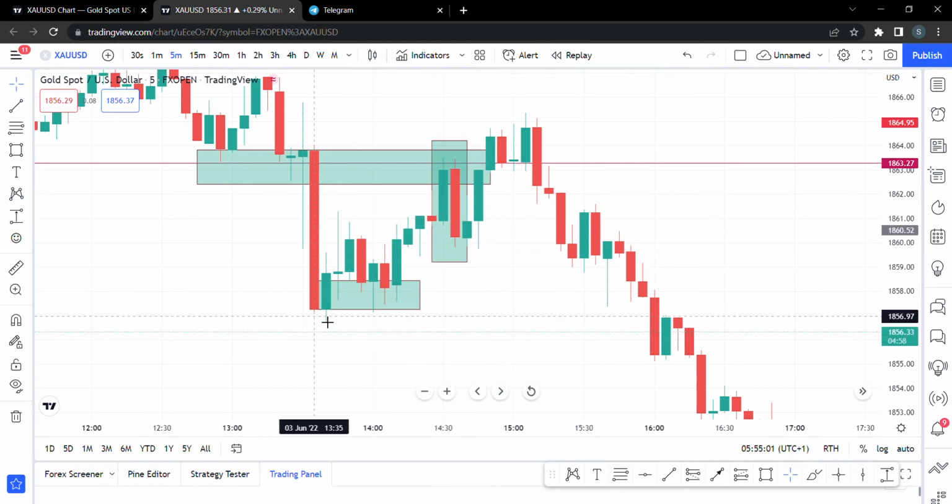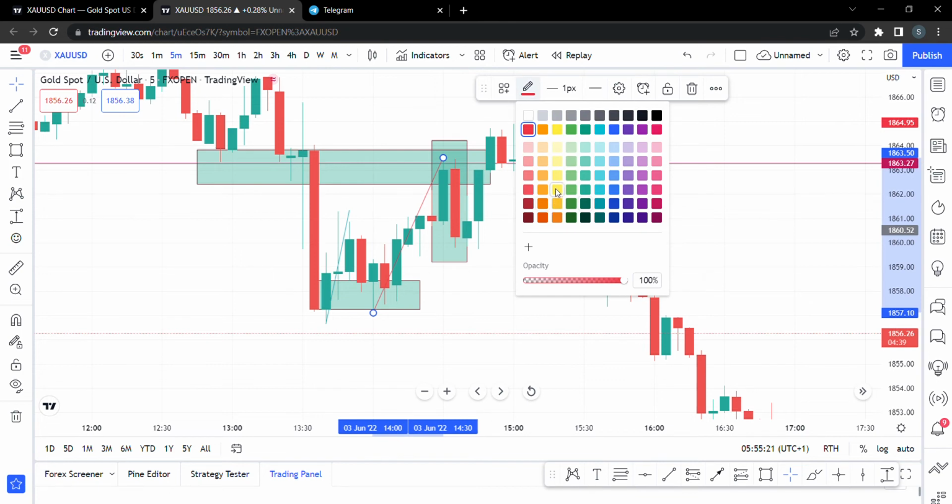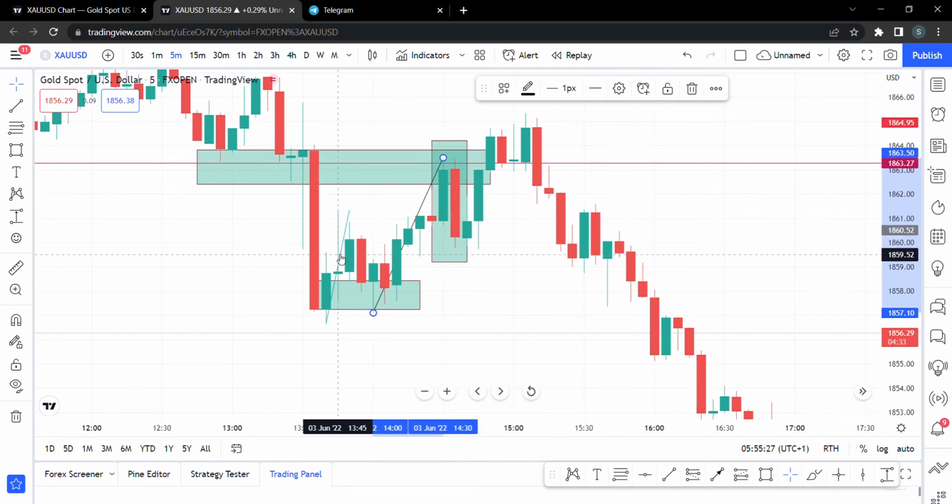Now let's count the three pushes together. You can see this. One push, right? Two pushes, right? Let me change the color of these things. Let's use black.